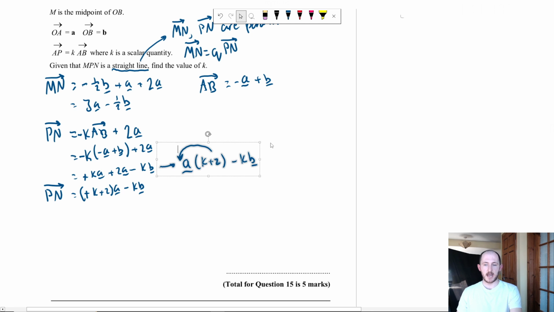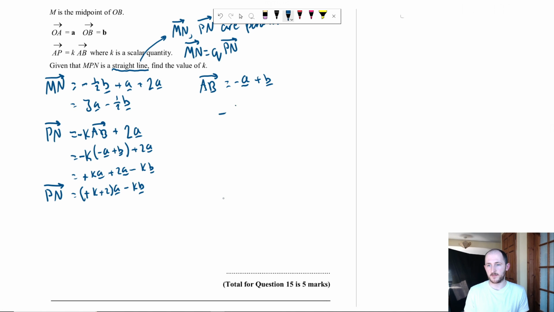Okay, now here is where mark schemes tend to get really annoying, right? Because they do something which I consider to be really annoying, which is they will jump straight to something along the lines of this, and then they'll just say solve.